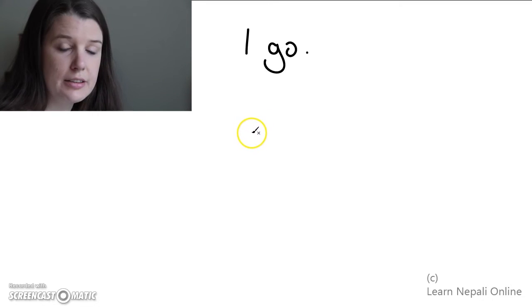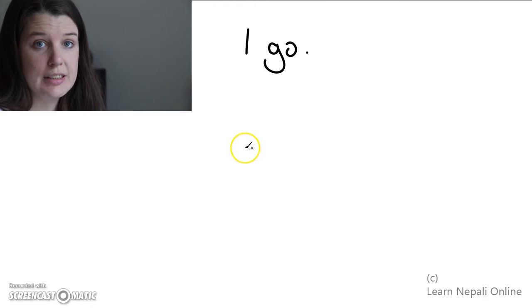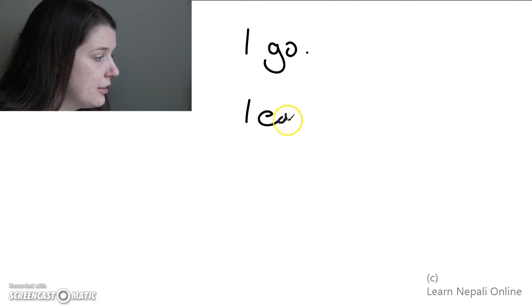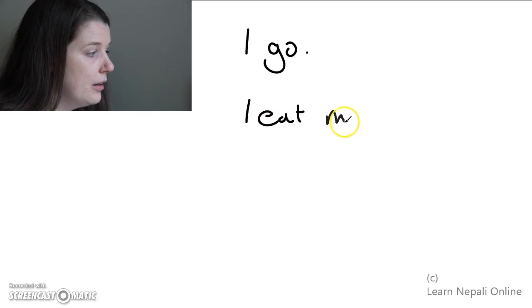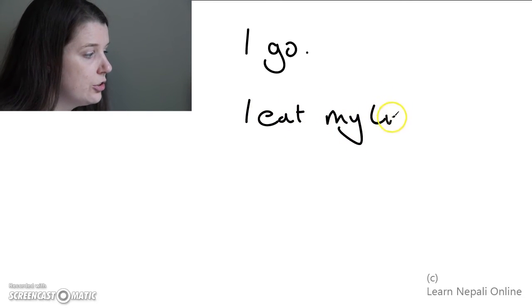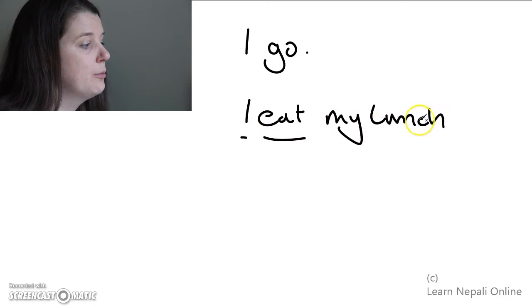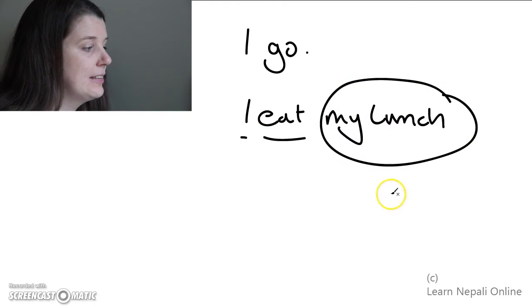A transitive verb is, for example, to eat. I eat my lunch. So again, this is the subject, this is the verb, and then we have this here as the direct object.